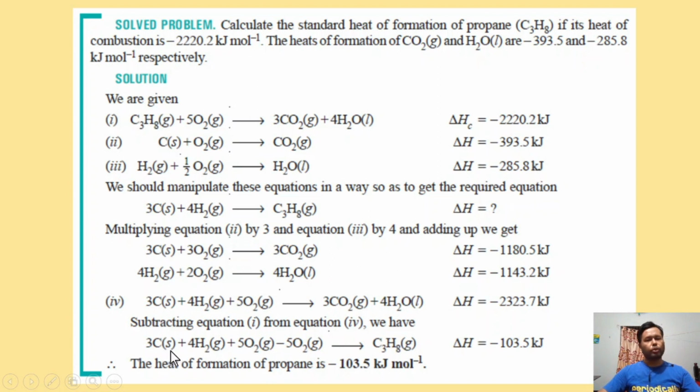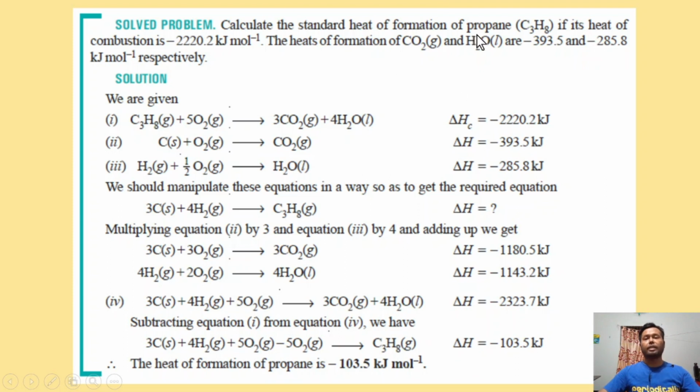So 3 carbon plus 4 hydrogen, that means 3 moles of carbon and 4 moles of hydrogen gas, plus 5 oxygen minus 5 oxygen, and minus the negative C3H8, that means we are getting plus C3H8, which corresponds to the oxygen being eliminated. 3 carbon plus 4 hydrogen will give C3H8, and the energy will be this.